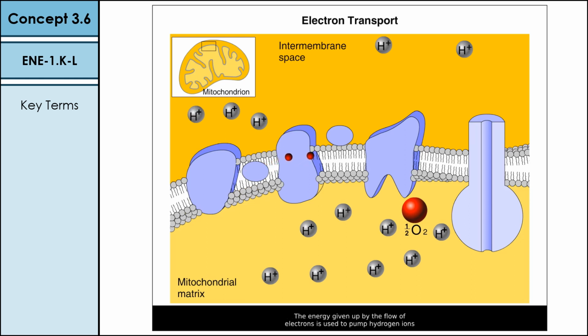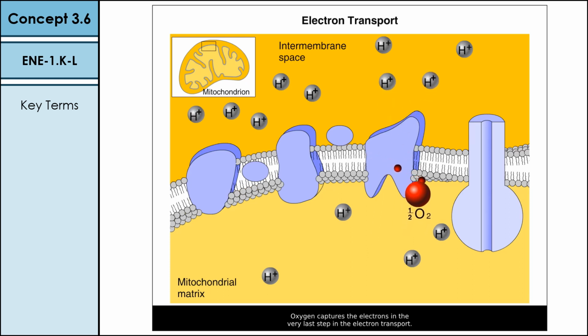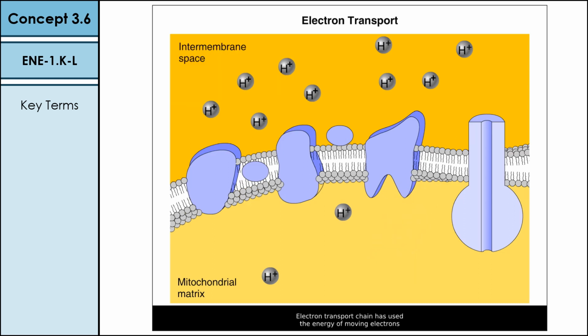The energy given up by the flow of electrons is used to pump hydrogen ions from the mitochondrial matrix into the intermembrane space. Oxygen captures the electrons in the very last step in electron transport. The last complex adds a pair of electrons to an oxygen atom and two hydrogen ions, forming water. The electron transport chain has used the energy of moving electrons to pump hydrogen ions into the intermembrane space.